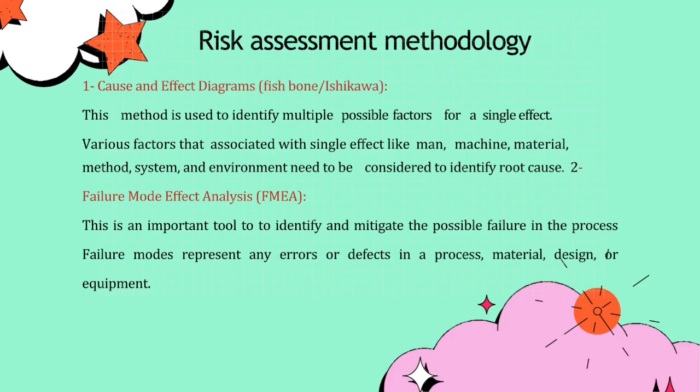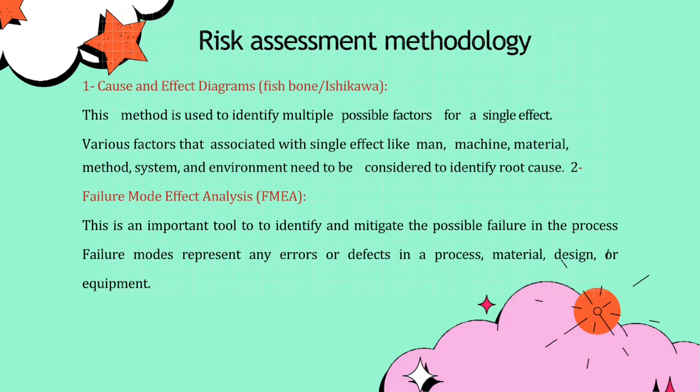For risk assessment methodology, we use the cause and effect diagram, that is the fishbone diagram. This is the method used to identify multiple possible factors for a single effect. Various factors associated with a single effect, like man, machine, materials, method, systems, and environment, need to be considered to identify the root cause.